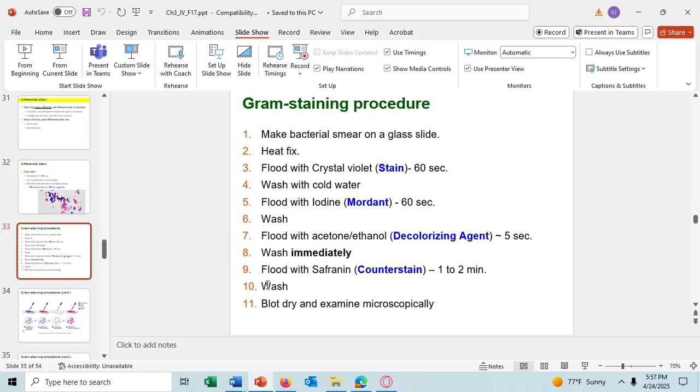You do not take the paper and streak it across the slide. You don't take the slide and streak it across the paper either. You just blot it. That will remove enough of the water that you can view the specimen under the microscope, even if you're going to be using oil and the 100x oil immersion lens.